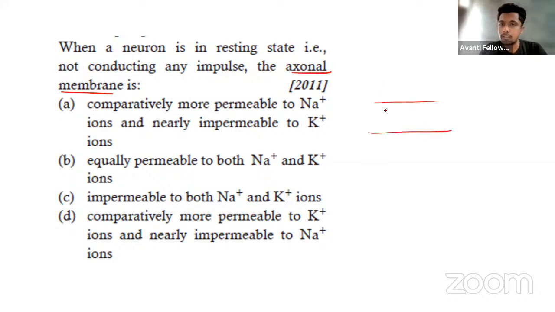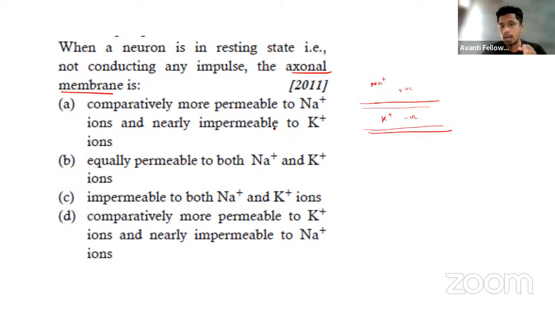So if this is your membrane and this is your axon, on the outer surface of the axon, that is outside of the axon, there is more sodium ions, and inside there is more potassium ions. So at this stage, inside there is a lot more negative charge compared to the outside, isn't it?